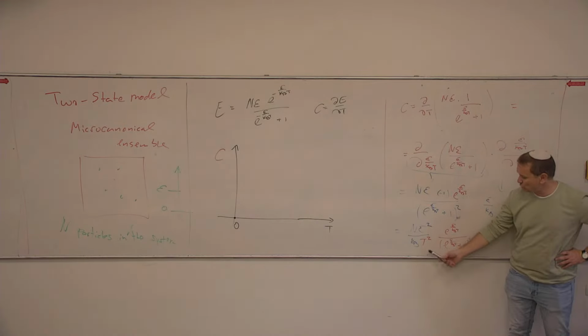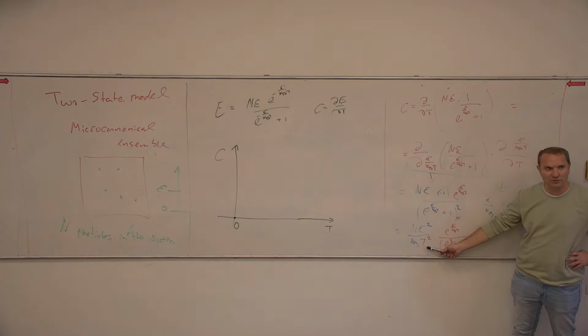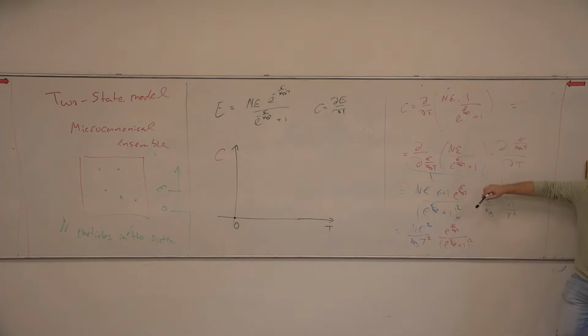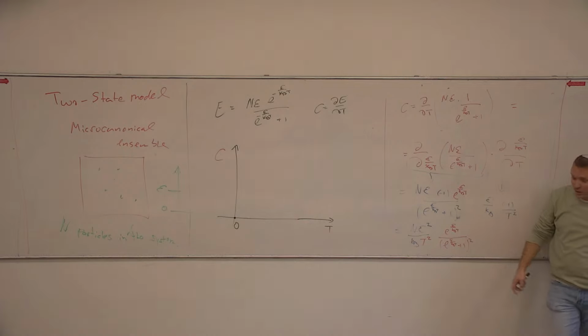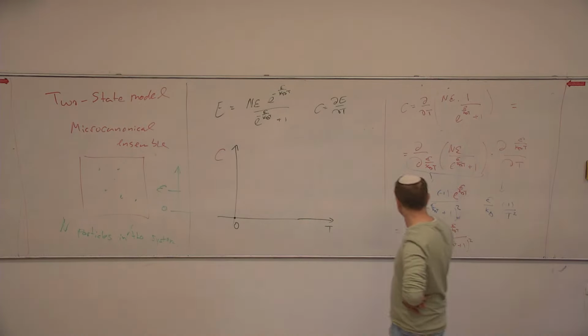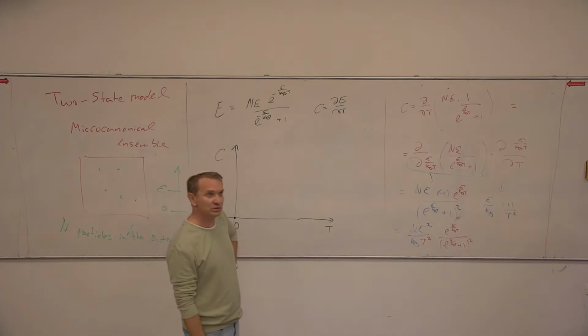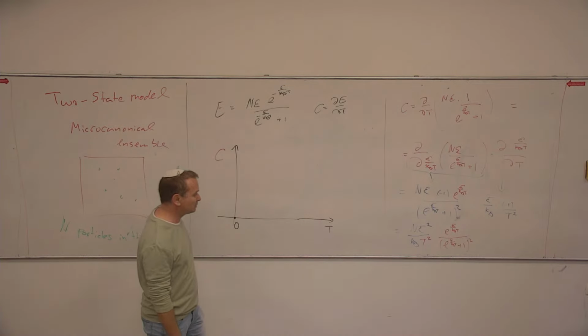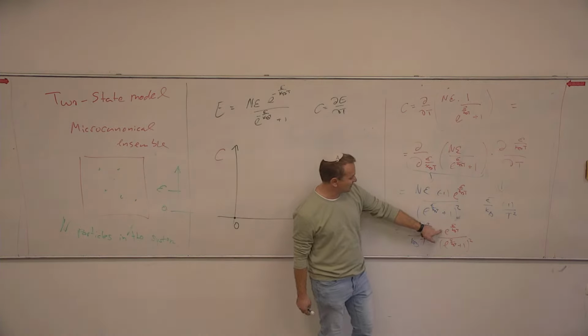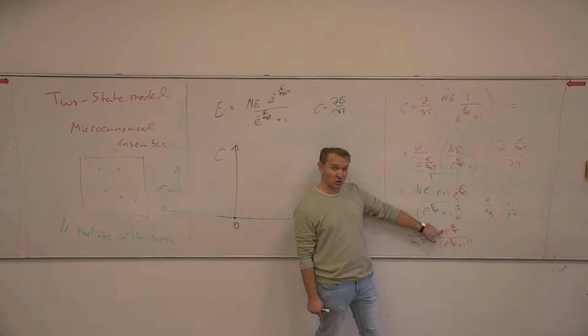So we have some sort of a divergence that comes from 1 over t squared. Now, we also have the dependence on t inside the exponent, epsilon divided by k Boltzmann t. When t goes to 0, what happens to this? The exponent explodes, so it diverges also, right?